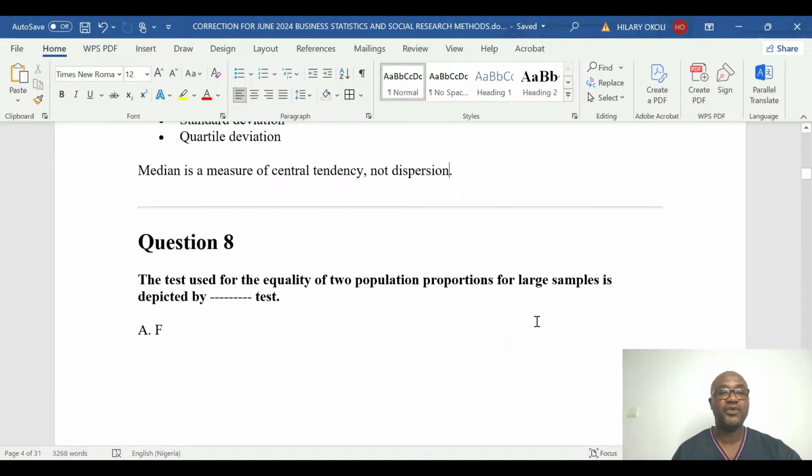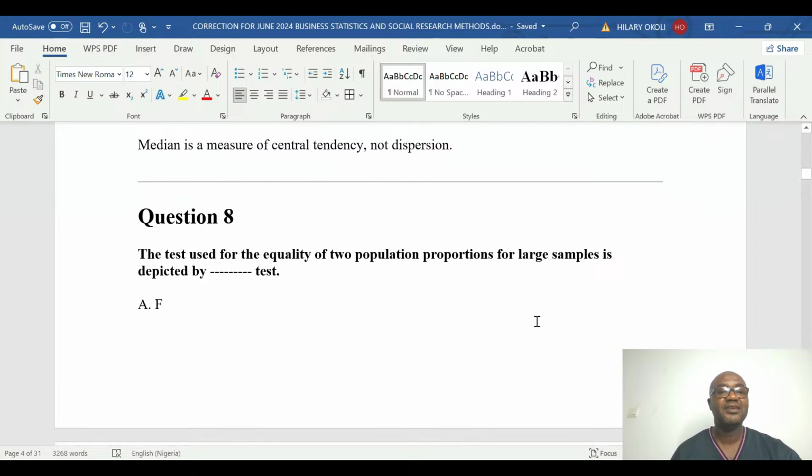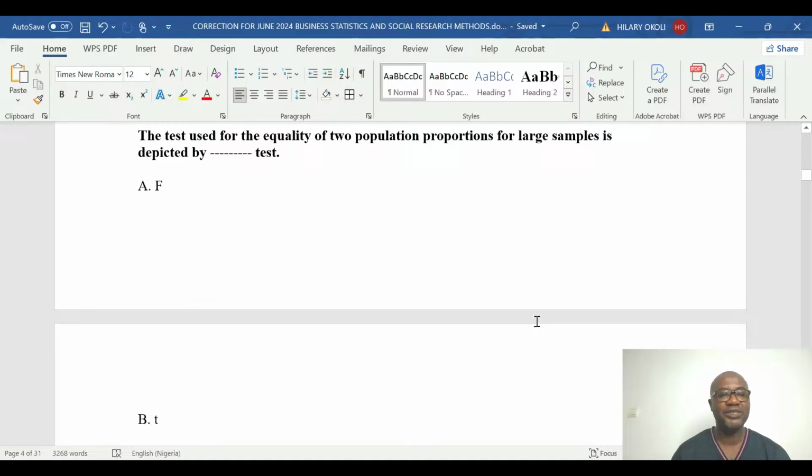Okay. So let's look at this. The test used for the equality of two population proportions for large samples is depicted by dash test. We're looking at the test that is used for equality of two population proportions when considering a large sample, often depicted by which test?